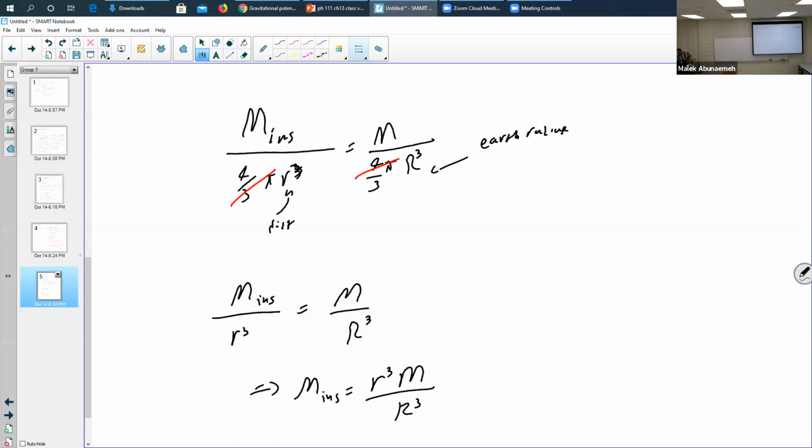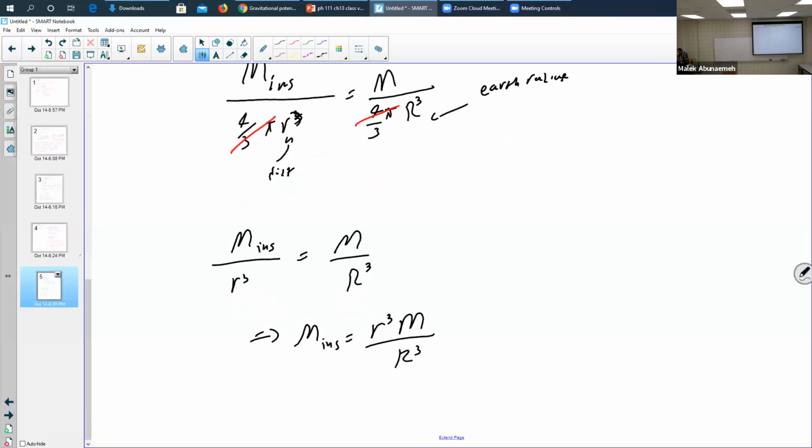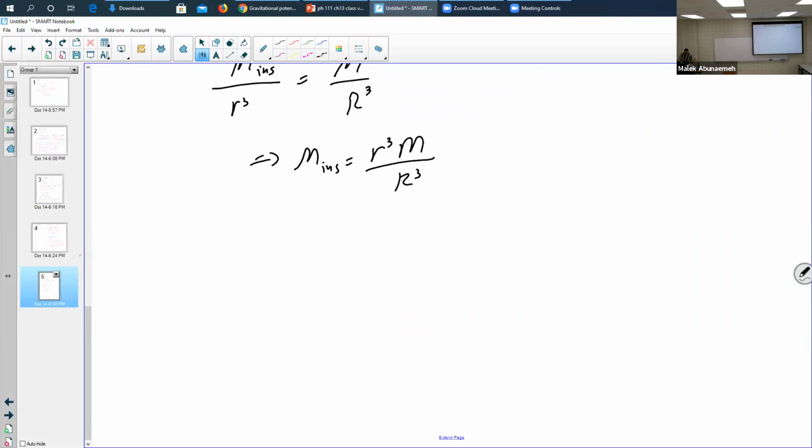Now your force F is gravity G multiplied by your mass multiplied by the mass inside of the Earth divided by r squared, which is going to equal the gravitational constant multiplied by the mass of the Earth. Let me just write this down.